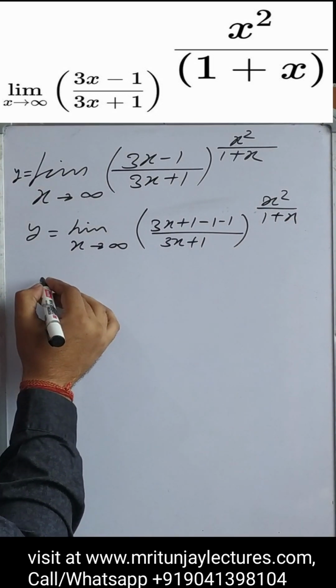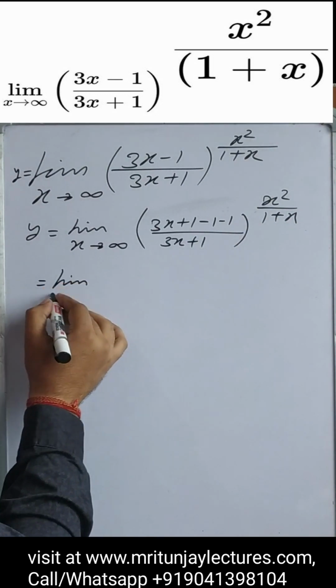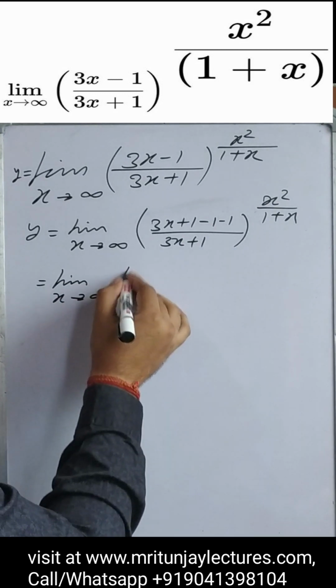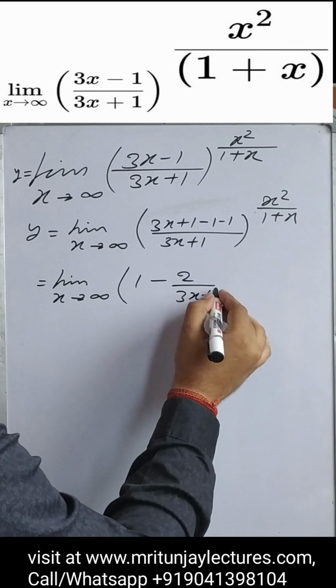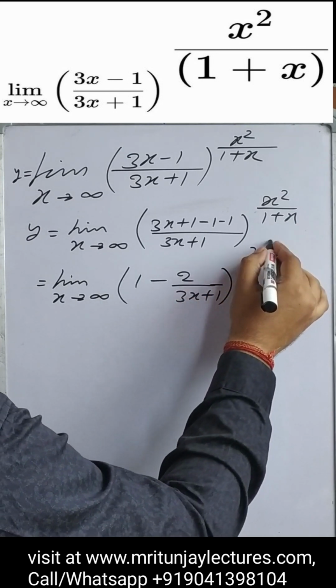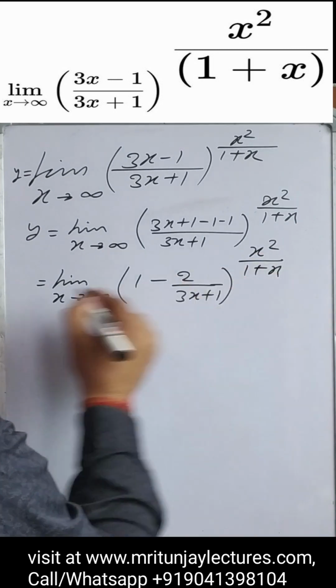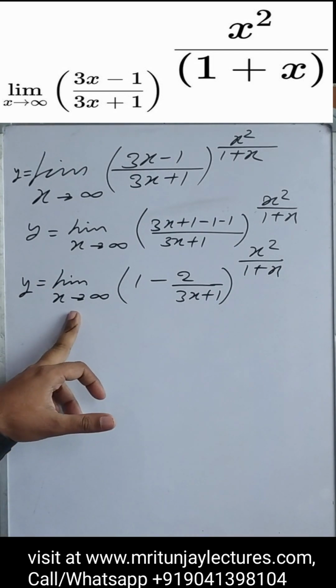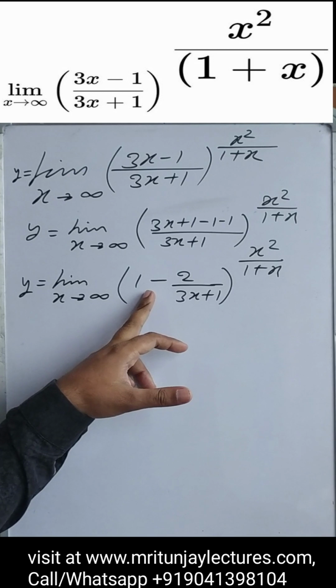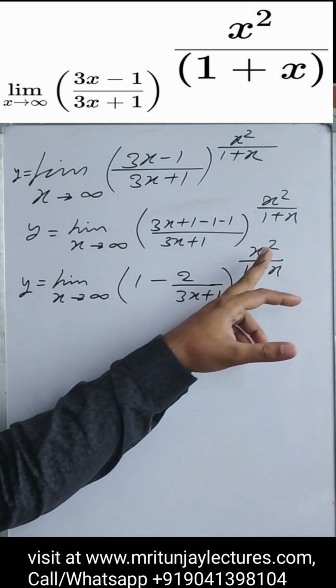So limit x tends to infinity, this one is written as 1 minus 2 upon 3x plus 1, whole power x square upon 1 plus x. If you put x tends to infinity, then this one is going to 1 to the power infinity.